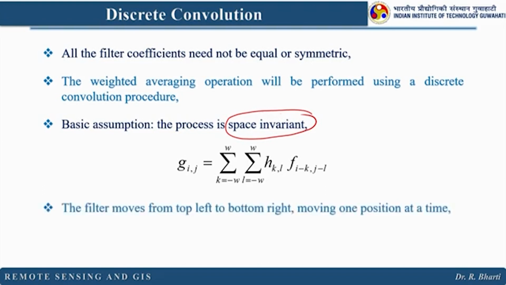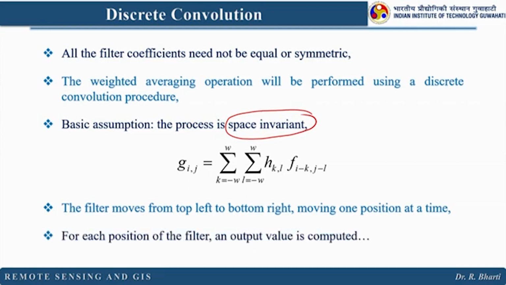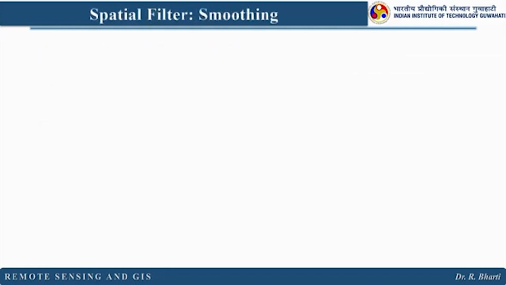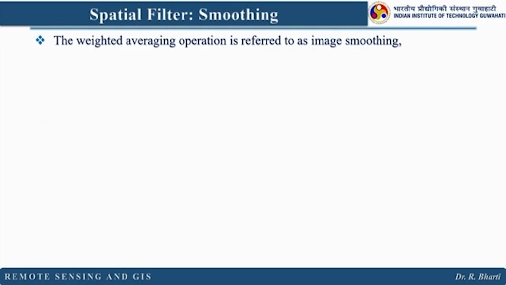The filter moves from top left to bottom right, moving one position at a time. For each position of the filter, an output value is computed. So here we are assuming that this process is space invariant and it is going to apply on this particular image. In case of smoothing, the weighted averaging operation is referred to as image smoothing.